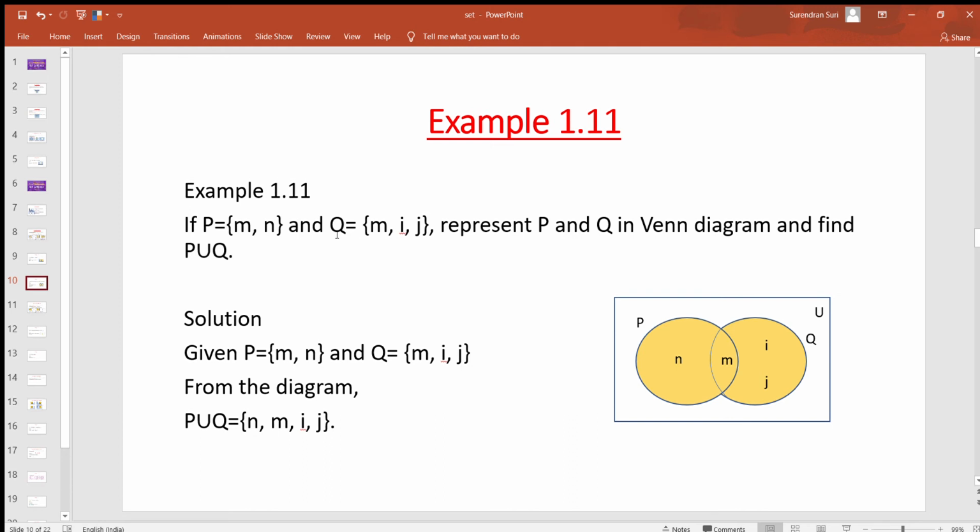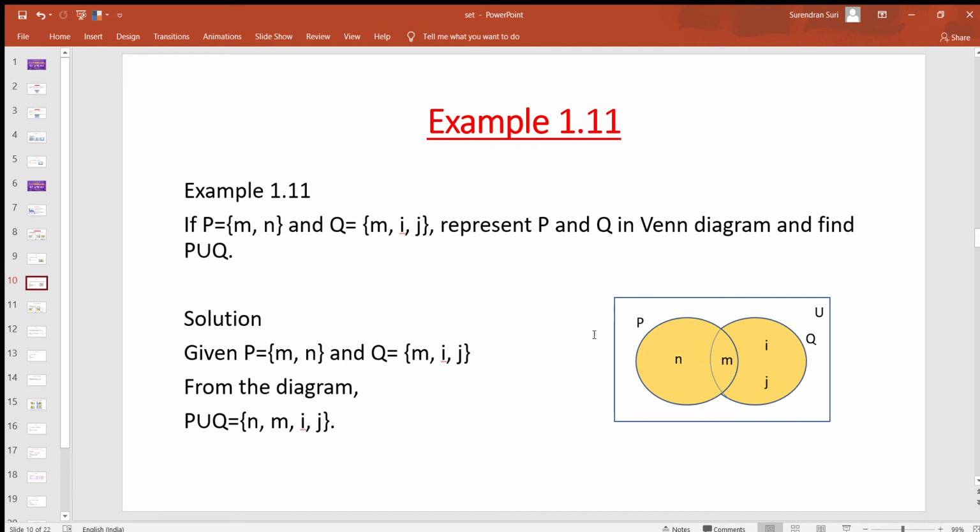Here in this case, it is a joint set. So the element M is common in P and Q.